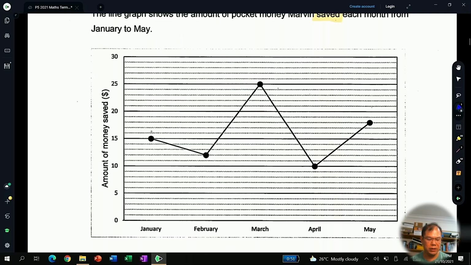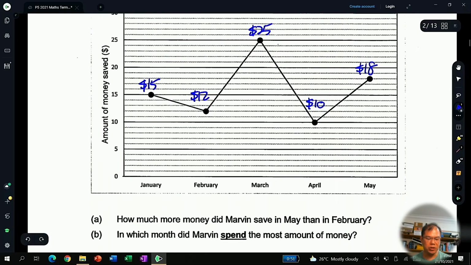So for January, he saved a total of $15, February $12, March $25, April only $10, and for May $18.